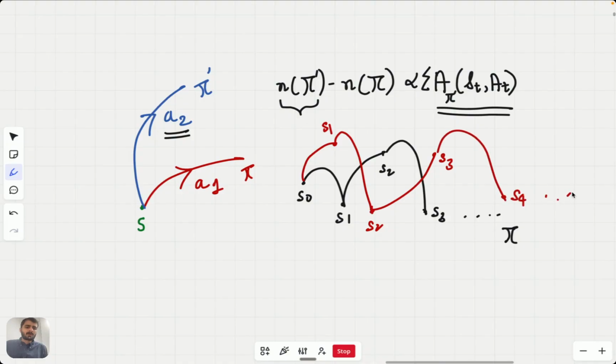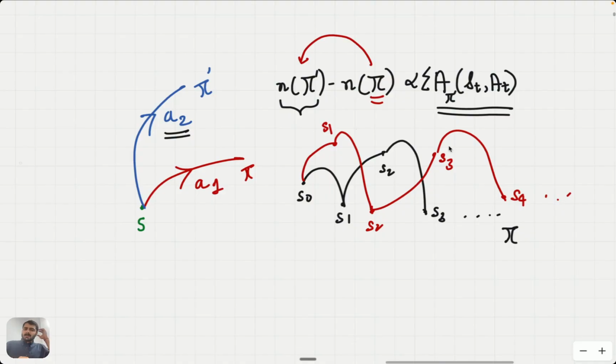S4, dot dot dot. Now, the problem which I am facing is that, let's say I know my initial policy and I want to change from the initial policy to a new policy, but I do not know what the distribution of the new policy is going to be. We will look at this question a bit later. For now, we'll just focus on the difference between the performance measure of the new policy and the performance measure of the old policy.